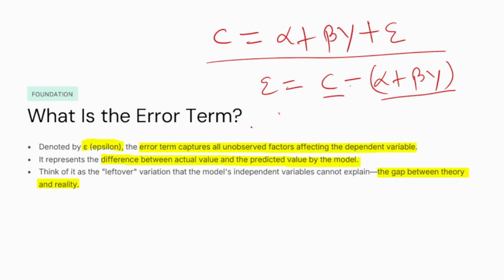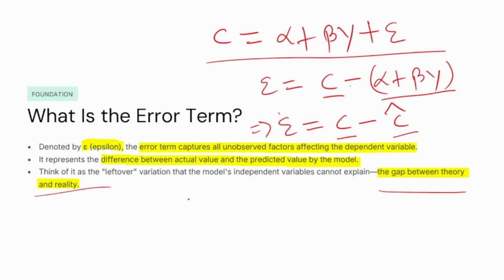So the epsilon can be explained as C minus C hat, where C is the actual value of consumption and C hat is the estimated value of the consumption. So we can say error term is the difference between the actual value and estimated value by the model. Furthermore, the error terms also show the gap between the theory and the reality.